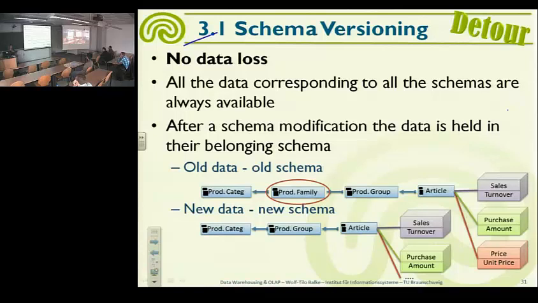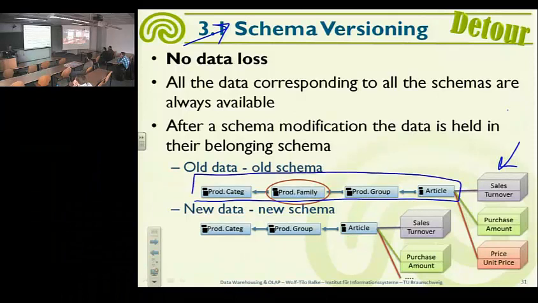You can do schema versioning. In this example, for the product dimension, at the very beginning, when I was doing my analysis, I thought I would need 4 granularities: the article, the product group, product family, and product category.